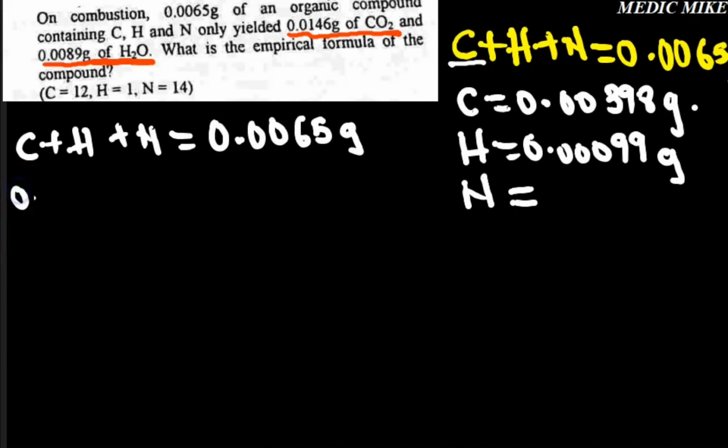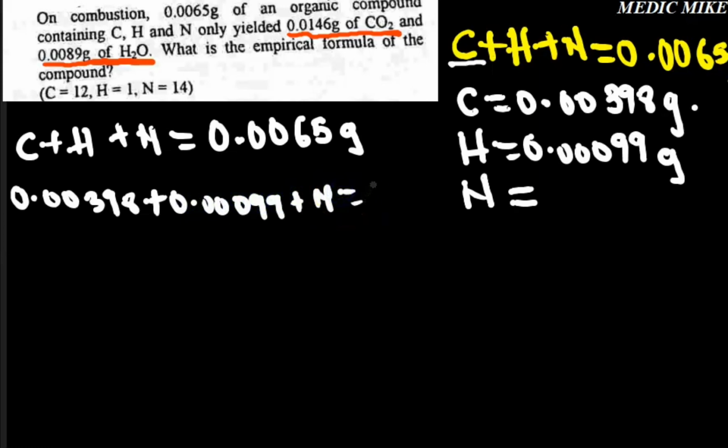So for carbon it will be 0.00398 gram, plus for hydrogen it is 0.00099 gram, plus N will be equal to our total mass over here, which is 0.0065 gram. So it's a little bit tiny.